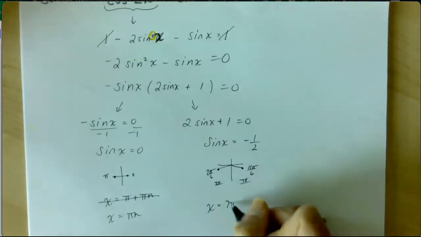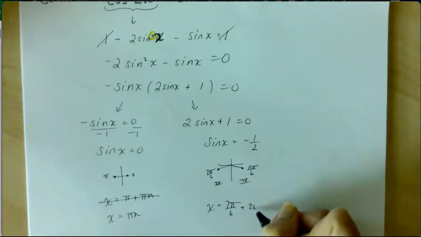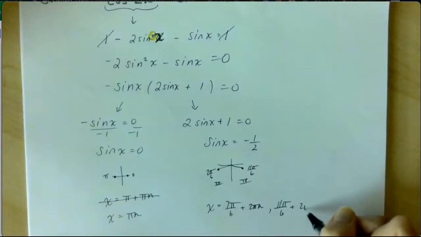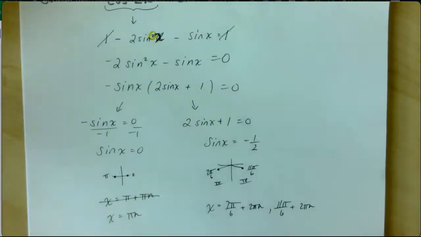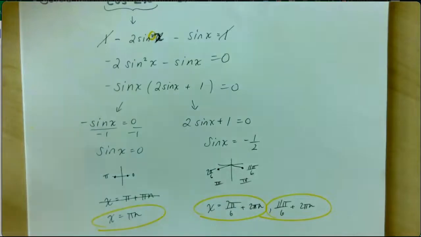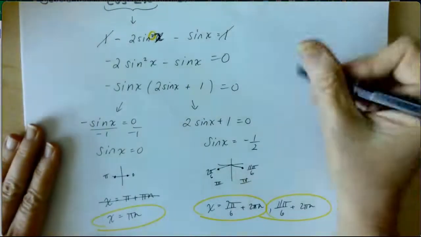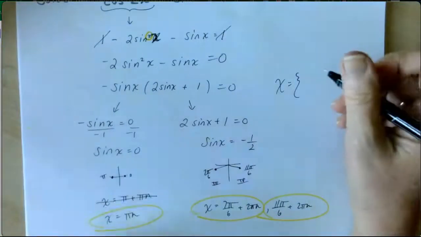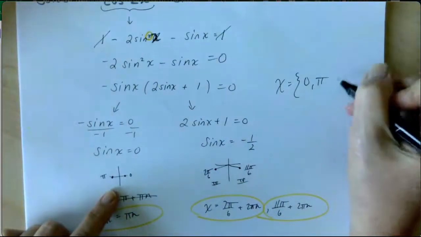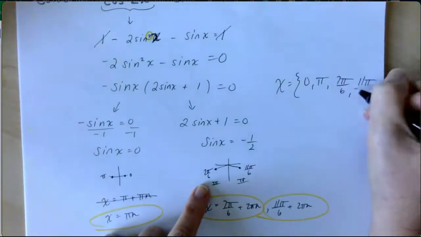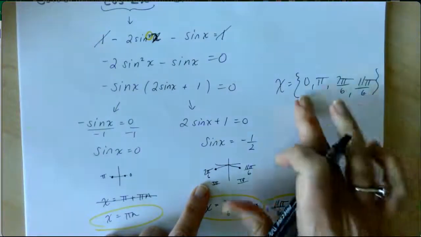So x equals 7 pi over 6 plus 2 pi n, and also 11 pi over 6 plus 2 pi n. So check it out. 1, 2, 3 general solutions that will generate every possible solution, and then our specific solution set is just going to be 0, pi, 7 pi over 6, and 11 pi over 6. So 1, 2, 3, 4.